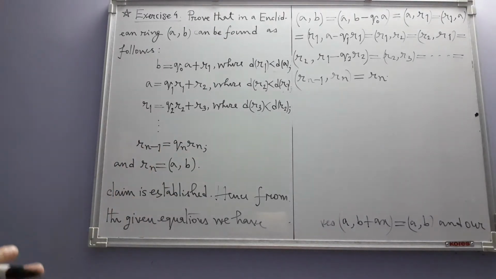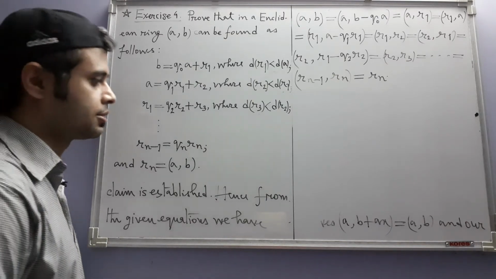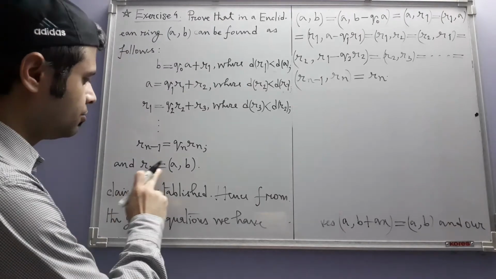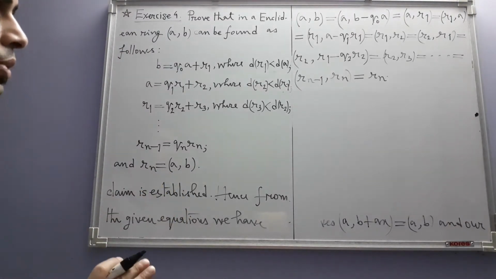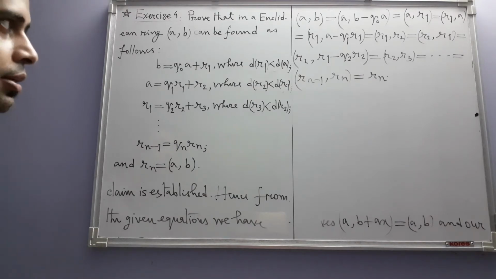You will see that Rn itself is a GCD of Rn and Rn minus 1 in that case. So that's what we had to show. We had to prove that Rn is equal to A comma B. So that's how we can calculate the GCD.